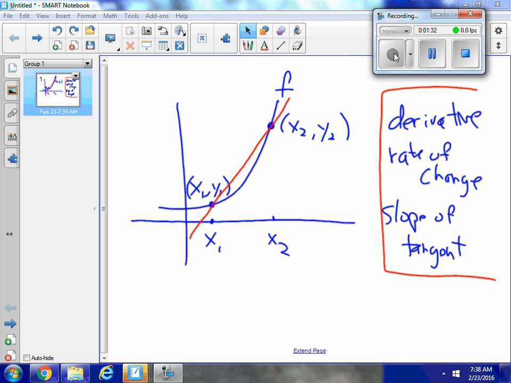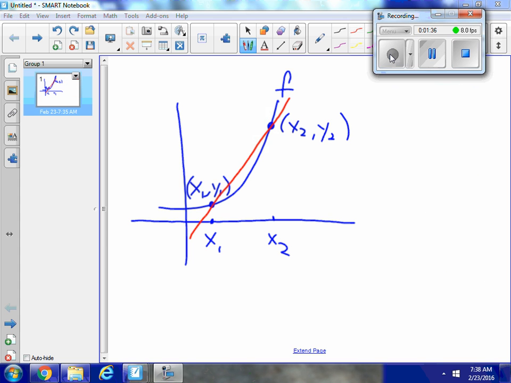So, if I'm calculating the slope of the line, just the way I did way back in middle school, I go y2 minus y1 divided by x2 minus x1. What's that saying? That's the same thing as the rise over the run.